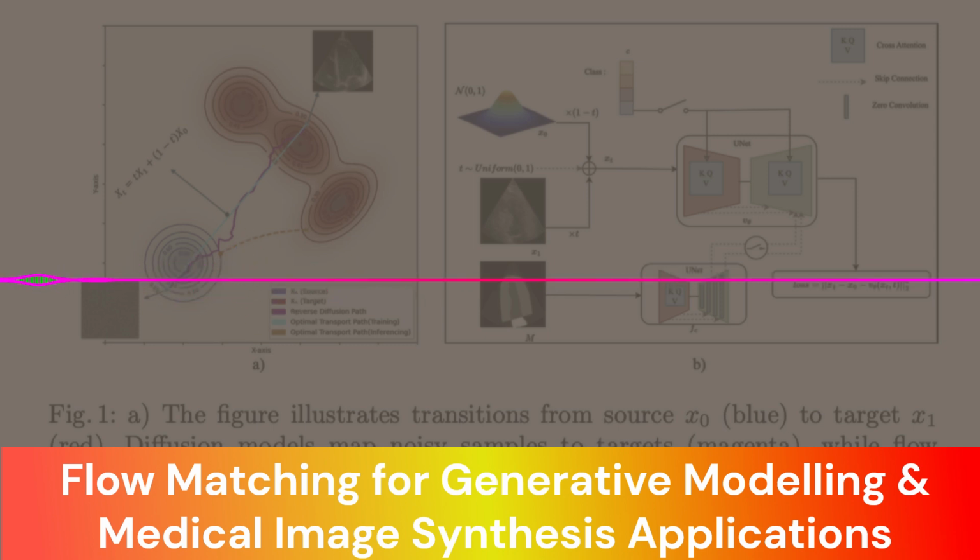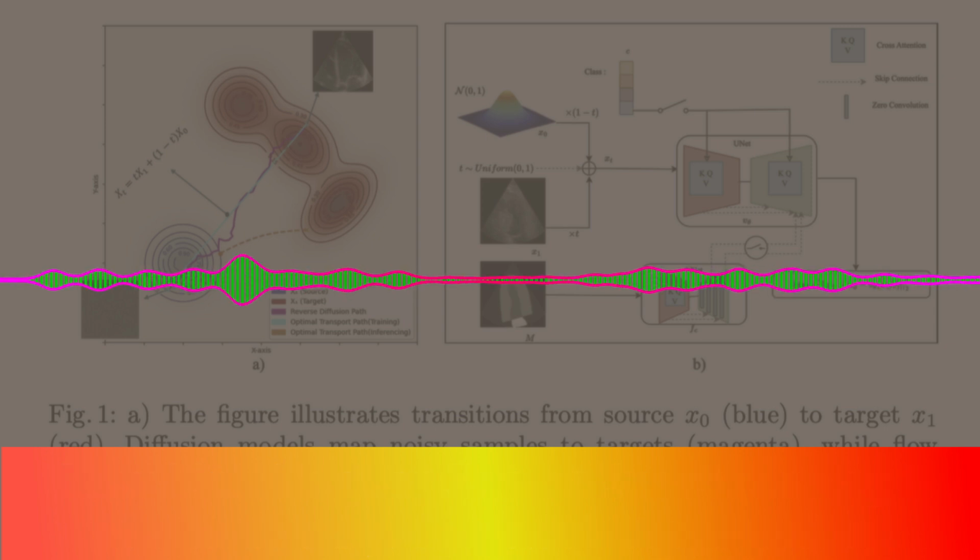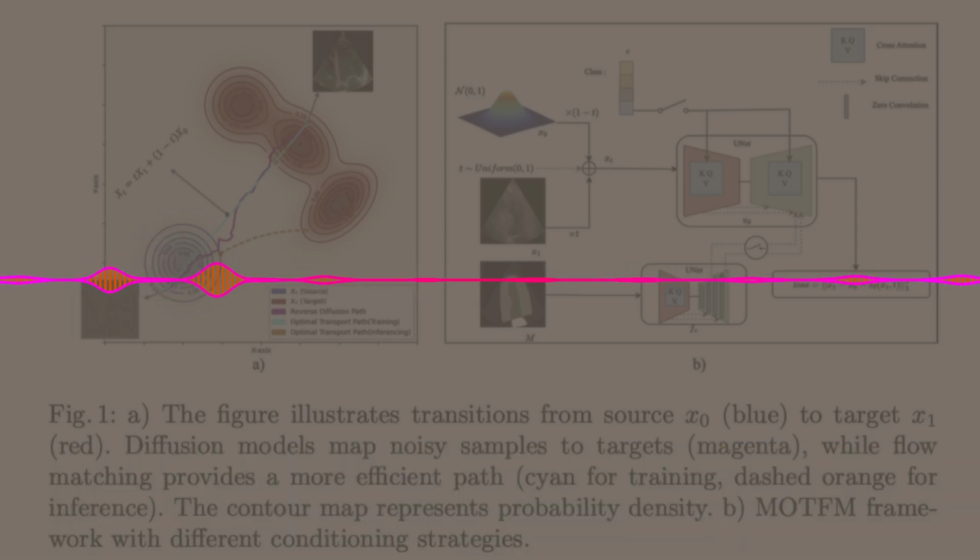Whoa, okay, so if the individual paths work, the average path works too. Basically, yes. As Figure 6 illustrates, this is huge because finding those conditional vector fields is often much easier than finding the super complex marginal one directly.